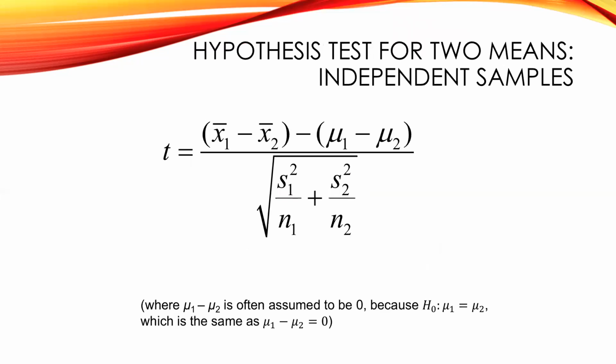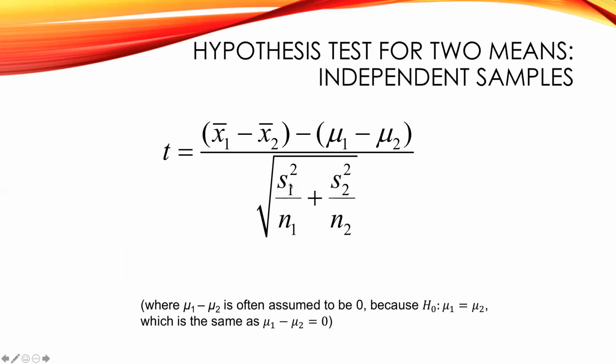Now the hypothesis test for two means, independent samples. Basically, this is a student t-test, right? You know because there's a t-stat right here. And now we have x1 bar minus x2 bar, minus mu1 minus mu2, divided by the square root of s1 squared divided by n1 plus s2 squared divided by n2, right?